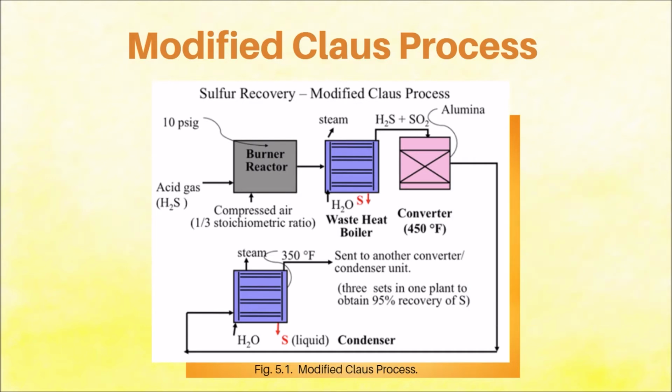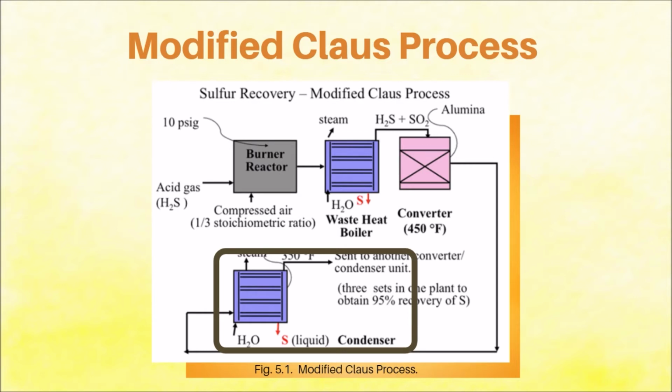The effluent gas from the burner reactor is cooled to 450 degrees Fahrenheit in the waste boiler as it enters the converter reactor for catalytic conversion of hydrogen sulfide and sulfur dioxide to elemental sulfur and water. The converter effluent is introduced into a condenser unit to obtain elemental sulfur as a liquid product.